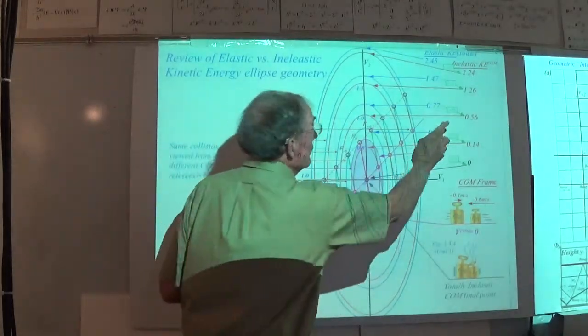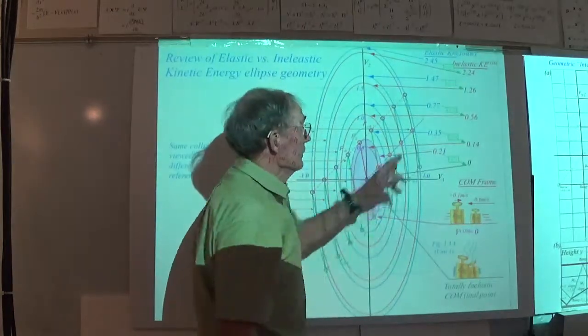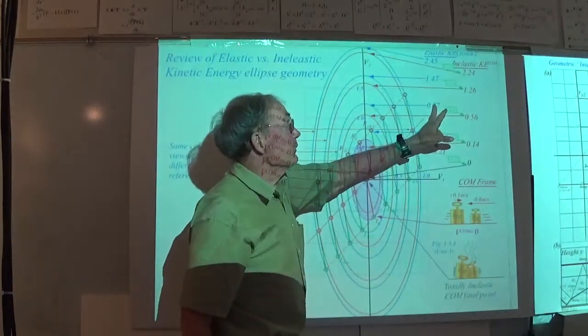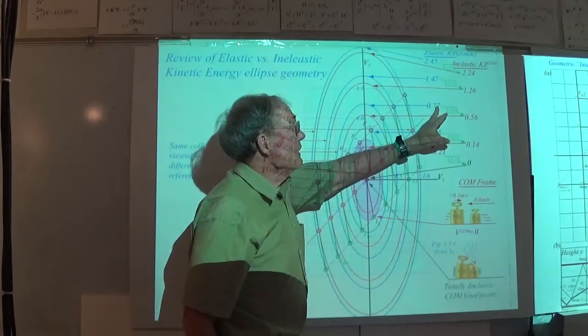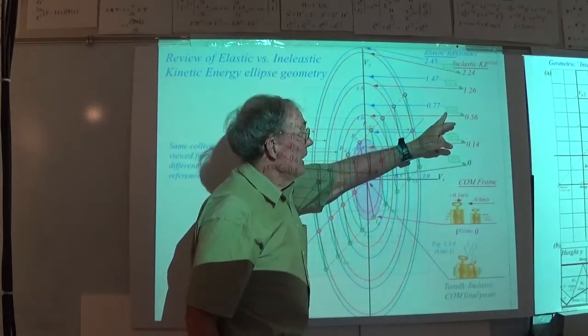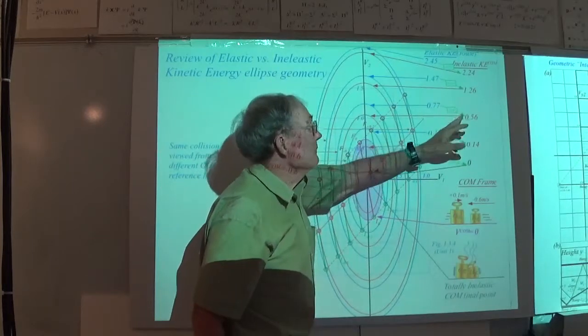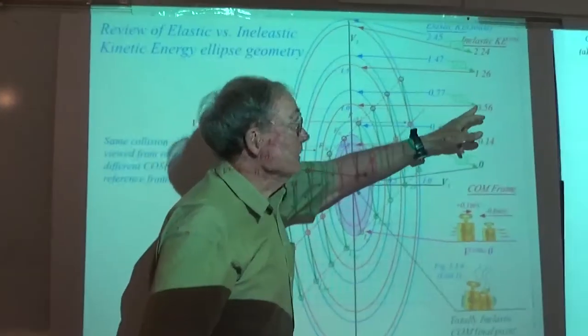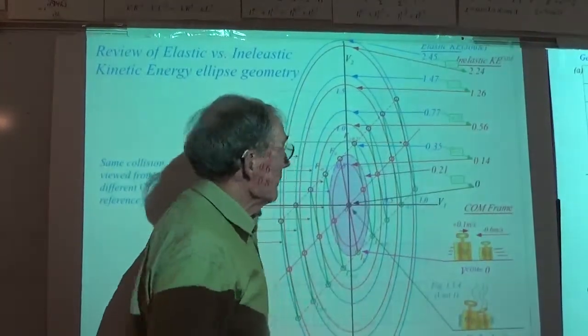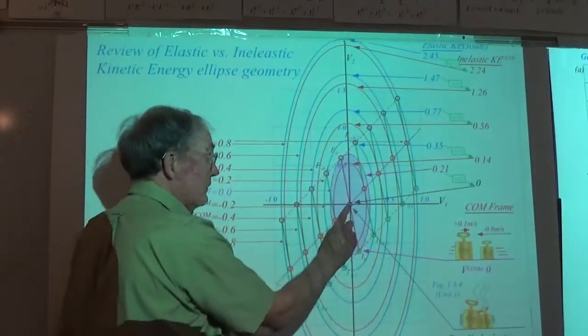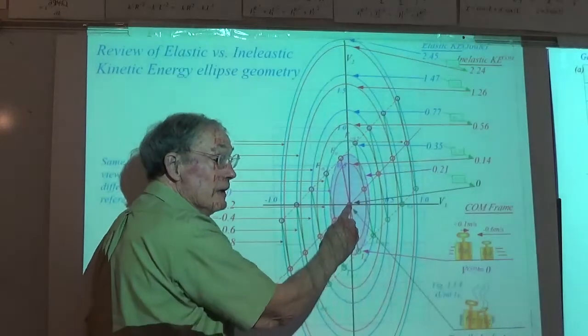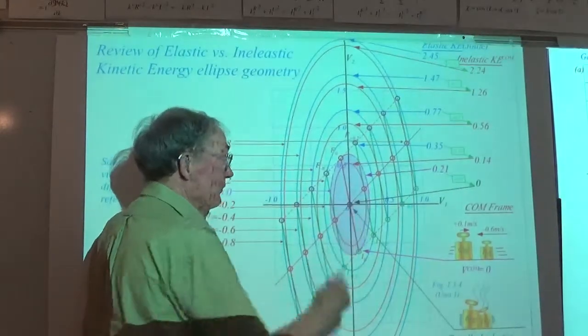In this case, the elastic one has just 0.21 more kinetic energy than the inelastic one. But in this frame, it's still 21, but you go right to this point. If you're totally inelastic, you end up at 0.